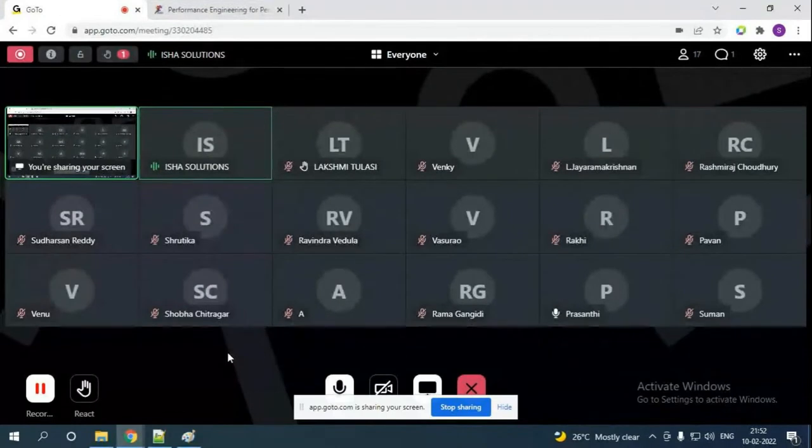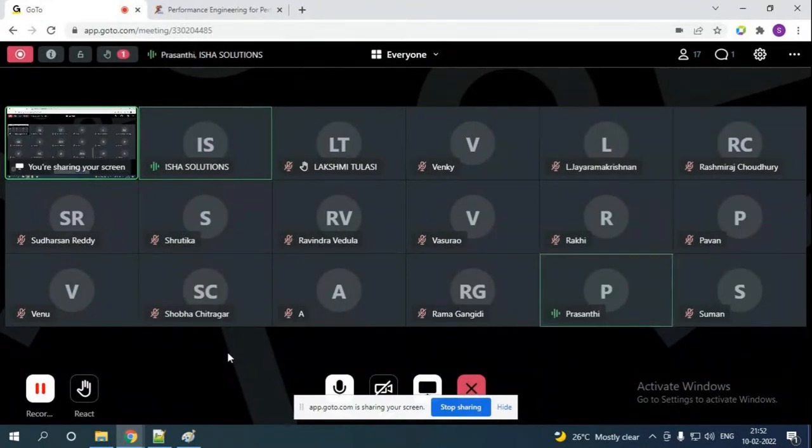What happened last month, one student shared his screen, clicked the start button, and looks like there was an exam in their organization, and he asked me to attend that. He told me, sir, why don't you help me? I said okay, share your screen. He shared the screen, clicked the start button, and asked me to write the exam. That kind of thing is not possible.